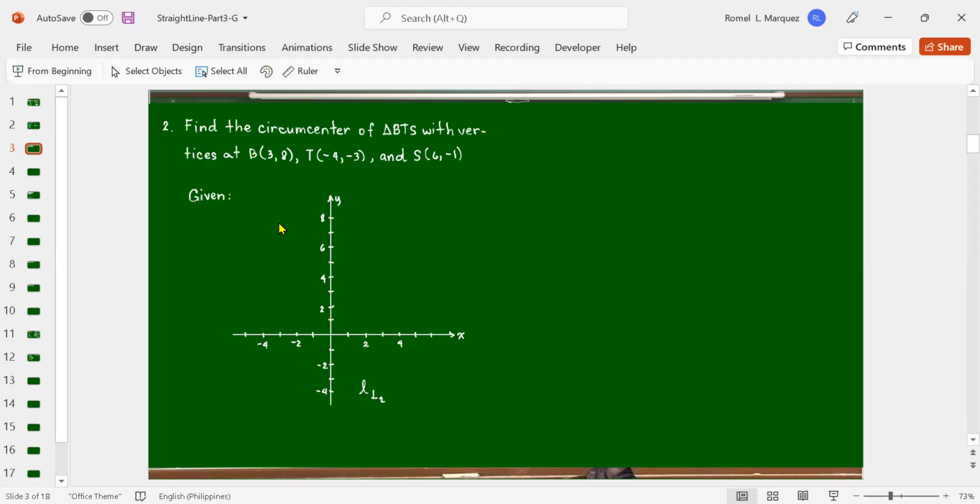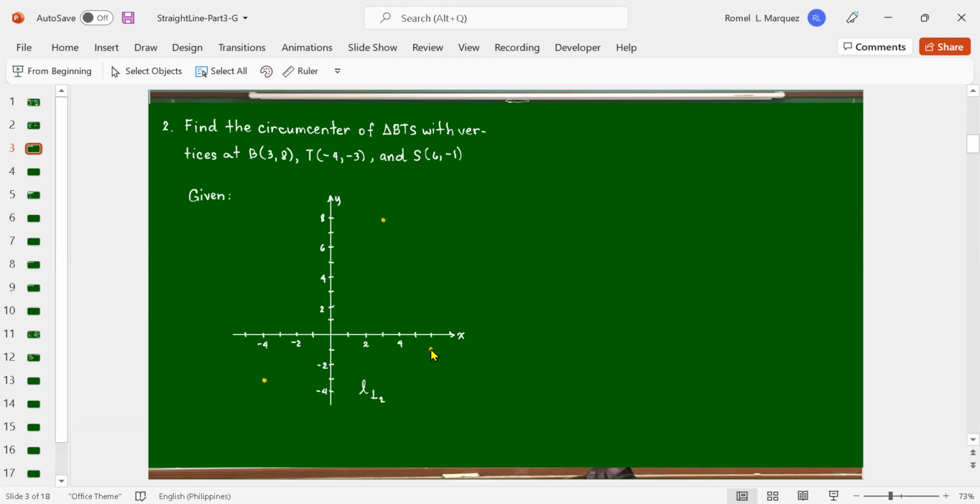We have B, 3, 8, somewhere here, no? Okay. So this is B. T, -4, -3. So here. And then S, 6, -1.